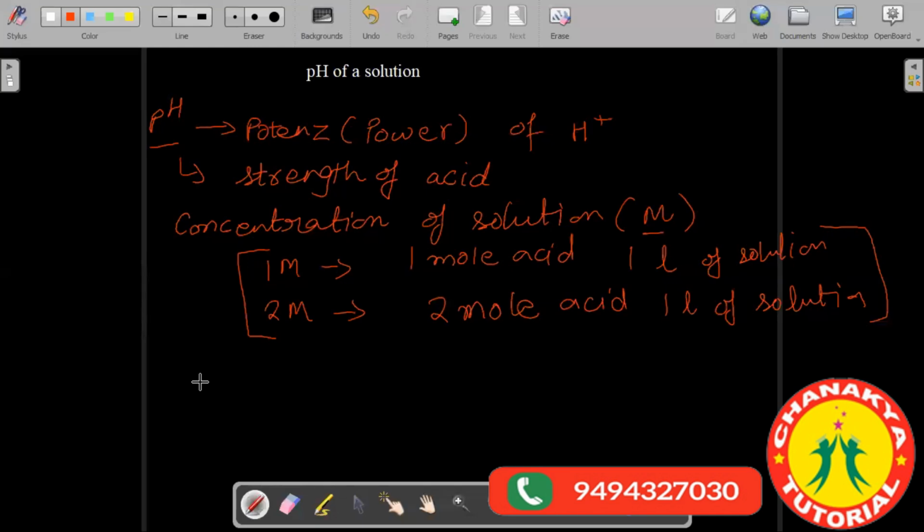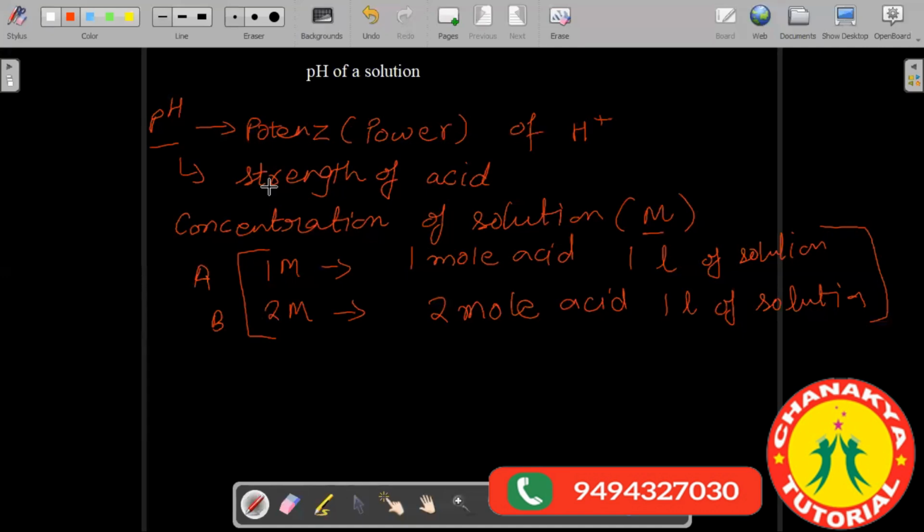It has more parts of acid in 1 liter of the solution, right? If this is solution A and this is solution B, which solution is dilute? A is dilute and B is concentrated. Got it? So this was about the concentration.